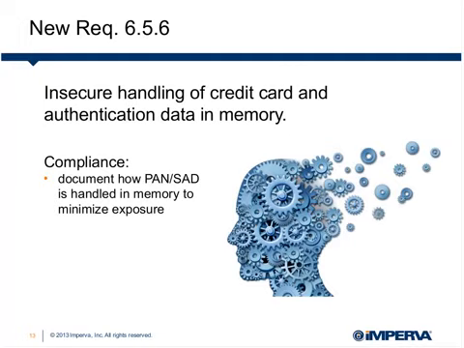I believe that this will introduce a lot of code changes and a lot of new frameworks in terms of how we handle data in memory. Do we do on-the-fly encryption? There are a lot of questions around this, and that's why there's such a major time gap before this gets enforced.